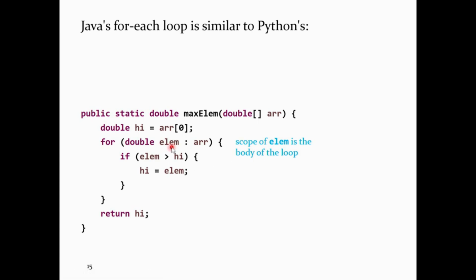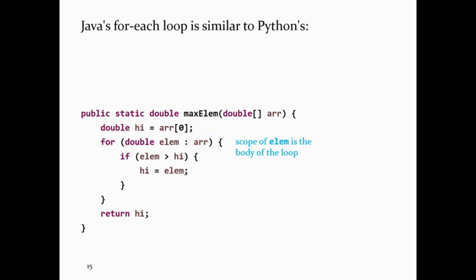Okay, so here, this is actually a variable declaration, right? So this variable elem has a scope. The scope of elem is the body of the loop. So you can use elem inside the loop, right? If you need it after the loop, this won't work. So the name elem does not exist after the loop. If you need to use it after the loop, you have to declare elem up here.